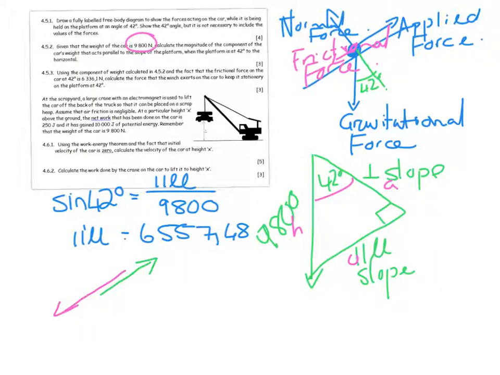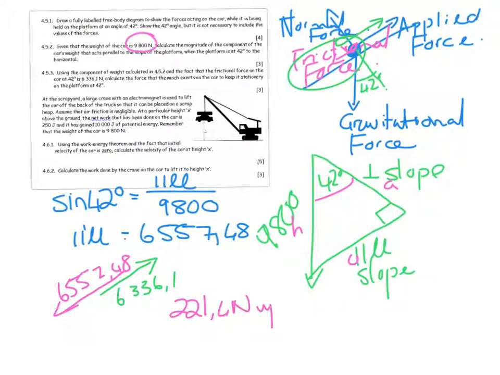So you're going to subtract it, and it turns out that the frictional force and the applied force really are in the same direction. But as I said, you didn't know it at the time that you did that. And so you land up with 6336,1 and 6557,48, and you do a subtraction and you get 221,4 newtons up the slope.